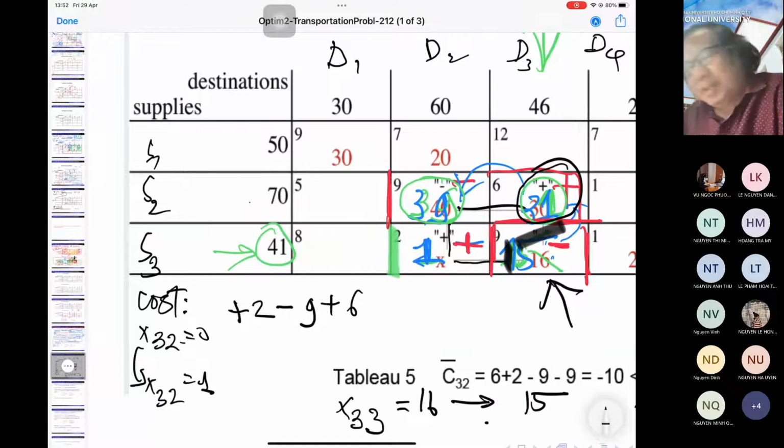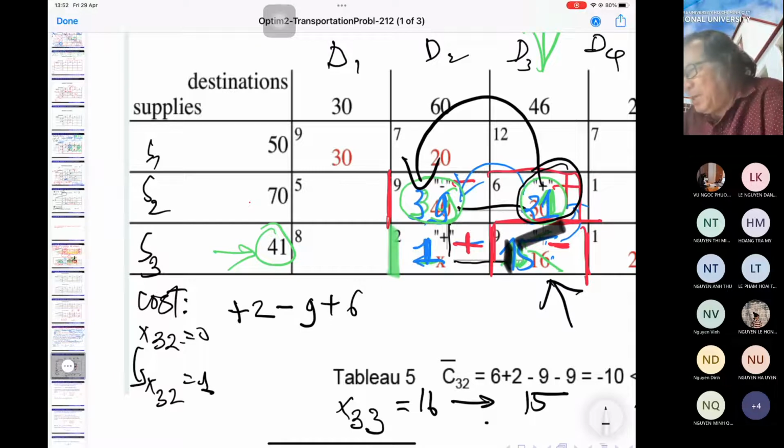And come to the next cell of the cycle. It is 40, now becomes 39. So it's reduced 1, then the cost is minus 1 unit. Is it okay?